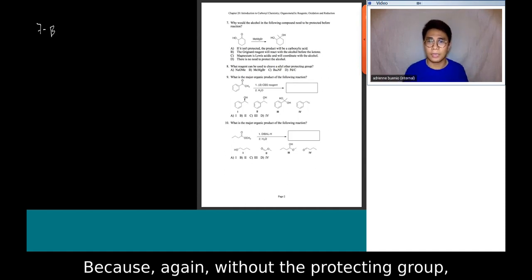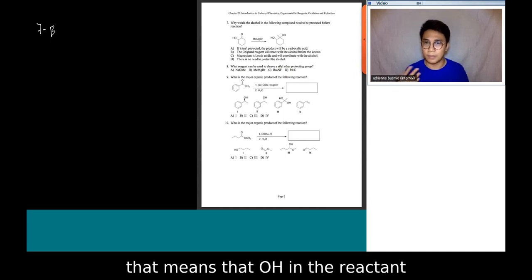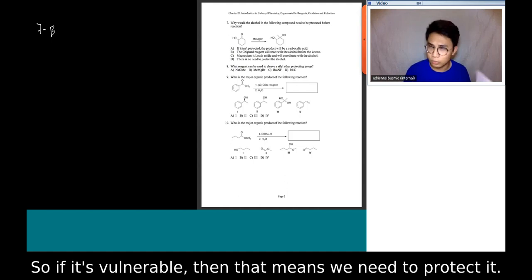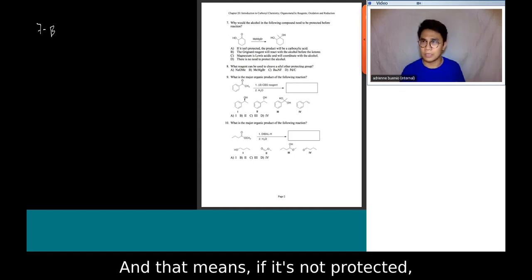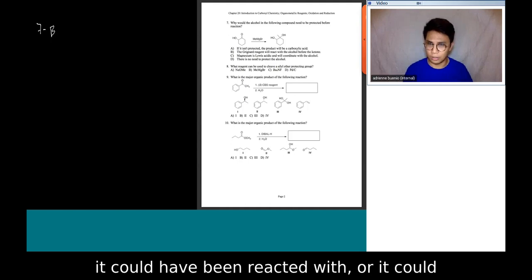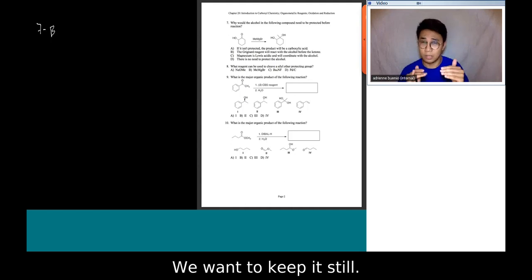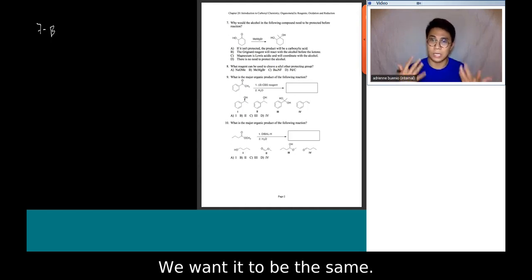Because without the protecting group, that OH in the reactant is very vulnerable, right? So if it's vulnerable, then we need to protect it, and if it's not protected, it could have been reacted with, or it could have been messed with, right? So when we protect a group, we want it safe, we want to keep it still, we want it to be the same.